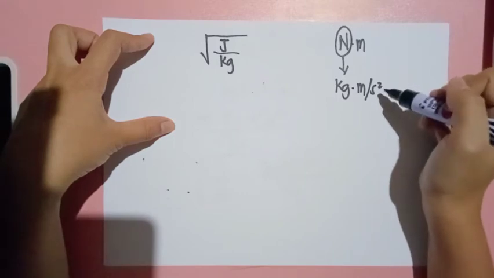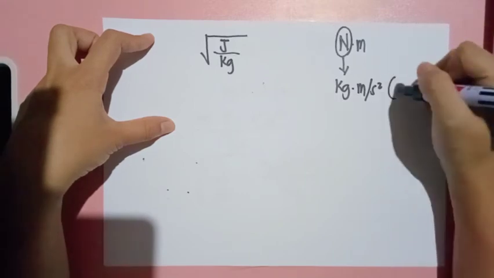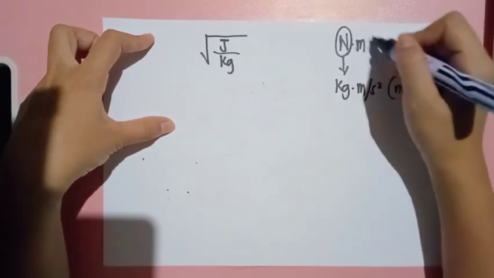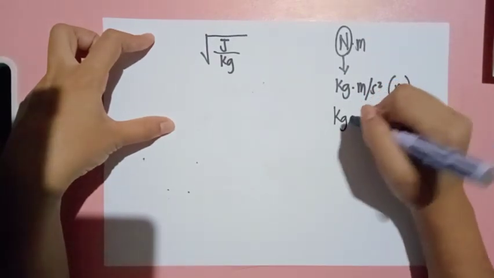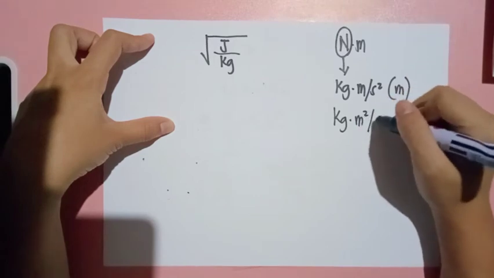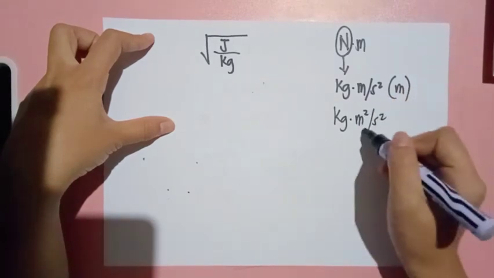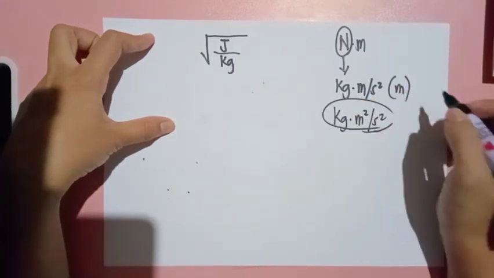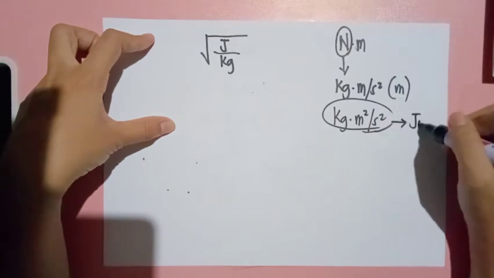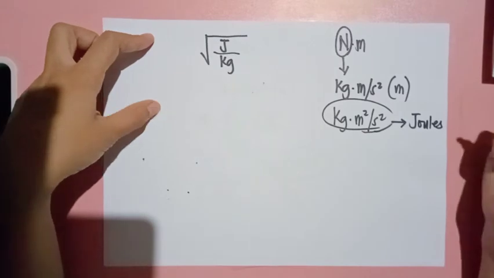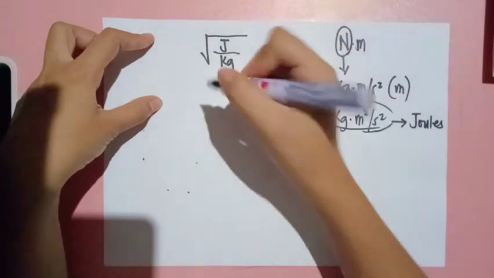Since we multiply that to another meter, that will become kilogram meter squared per second squared. So this one right here is already joules.